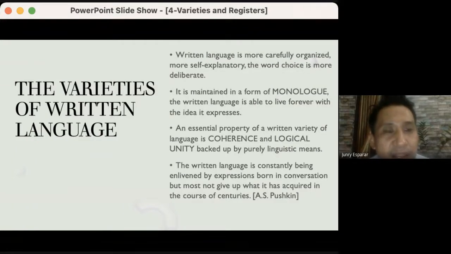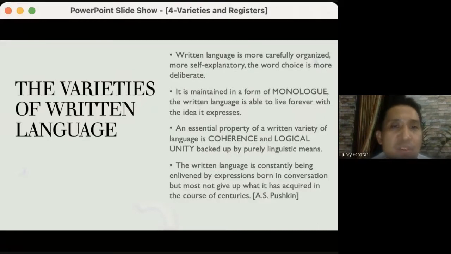So it says here that an essential property of a written variety of language is coherence and logical unity, backed up by purely linguistic means. When you talk about coherence, you're talking about the connection or interconnectedness of the ideas. The statements that you put in a paragraph should not contradict each other.